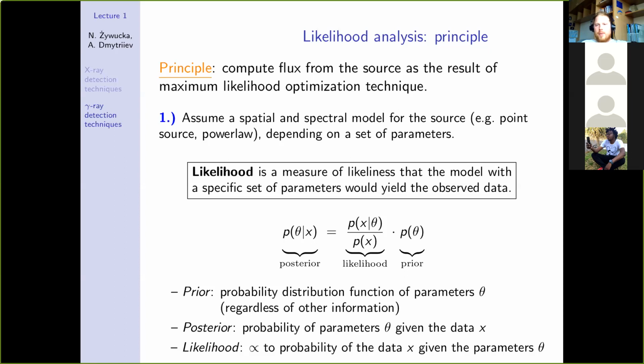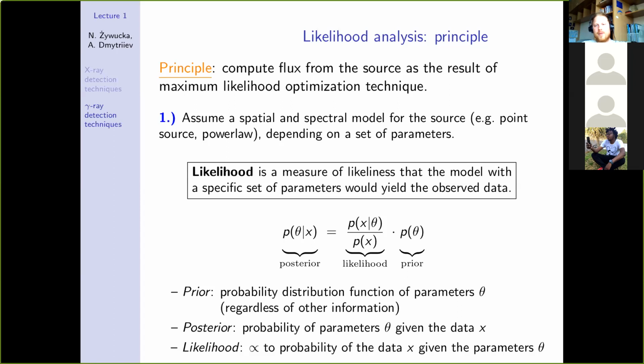But if we were flipping the coin 1,000 times and we got 60% heads, then the likelihood of the coin being fair will be very low. The highest likelihood will be that the coin is actually not fair, and the probability of heads is somewhere in the vicinity of 60%. So I hope you got the concept of likelihood.